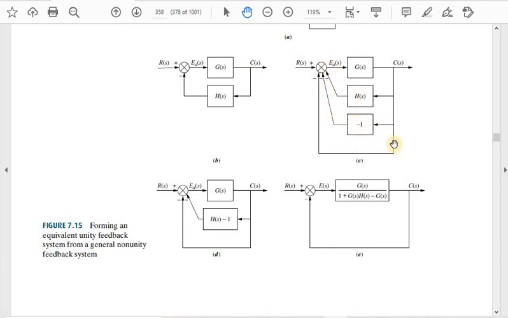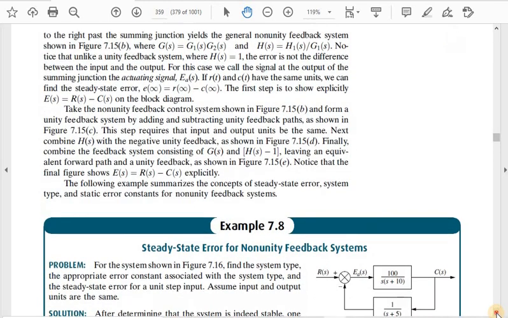The basic idea is that we have to introduce this unity feedback, so we introduce the -1 to cancel out the effect. When we add this and then solve the closed loop here, it becomes this new equivalent open loop transfer function. From here we can easily use the formula that we developed for steady state error calculations.